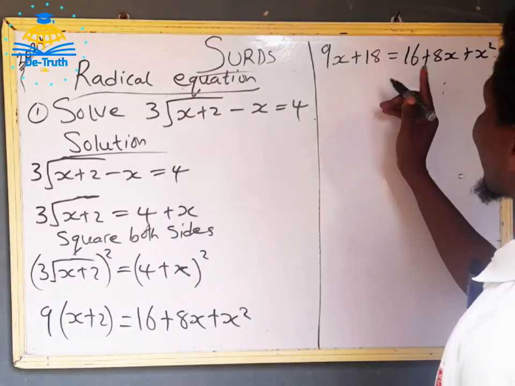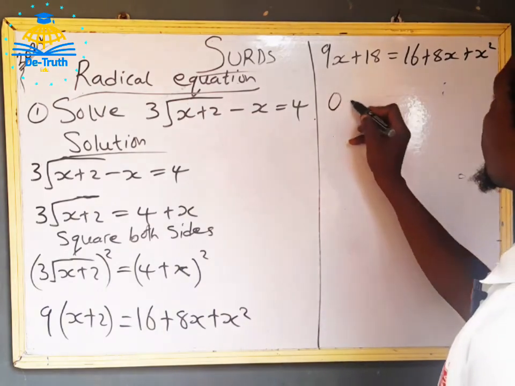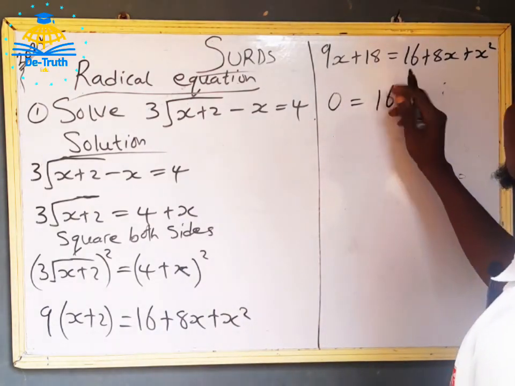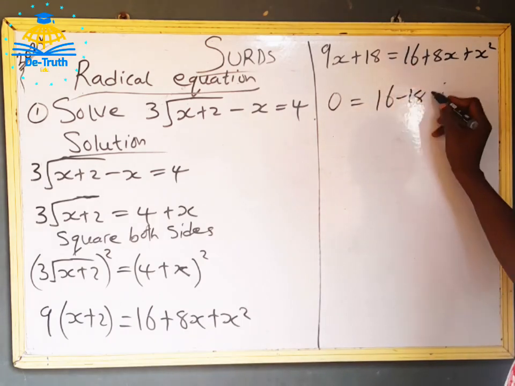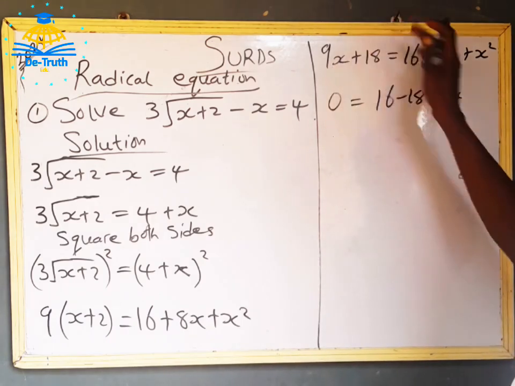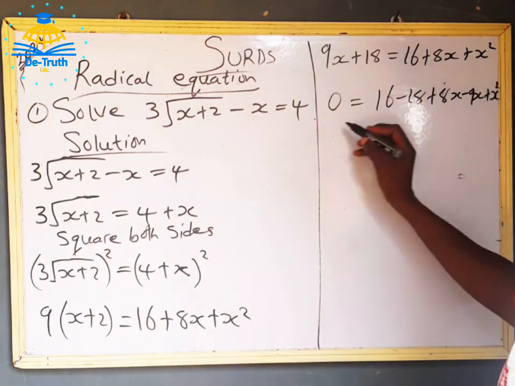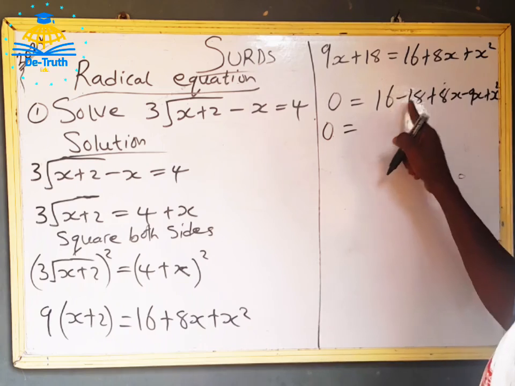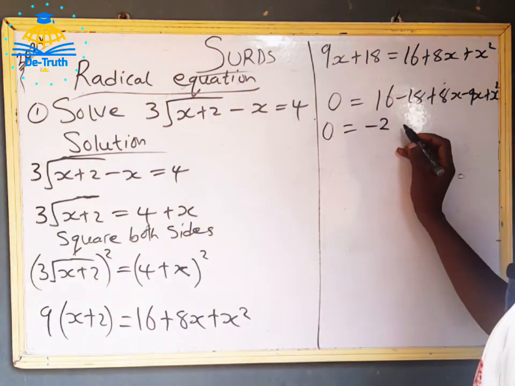So let's collect like terms. 9x should go there, then 18 should go there too. So we have 0 equal to this 16 is here. When 18 comes here, that is minus 18. Then we have plus 8x. When this 9x comes here, you have minus 9x. Then plus x squared. We have 0 equal to 16 minus 18, that will give us minus 2.